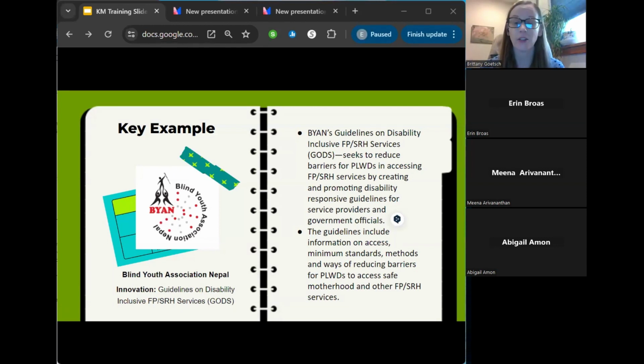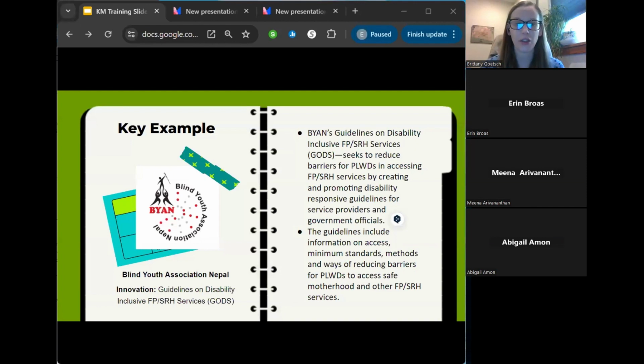And they continue to raise awareness around the guidelines and how to implement them, implementing trainings on sensitizing folks to those guidelines, and training service providers as master trainers to train other service providers in their implementation.